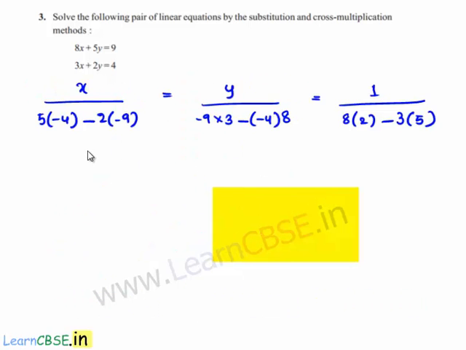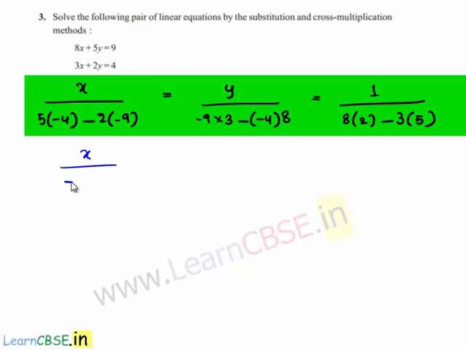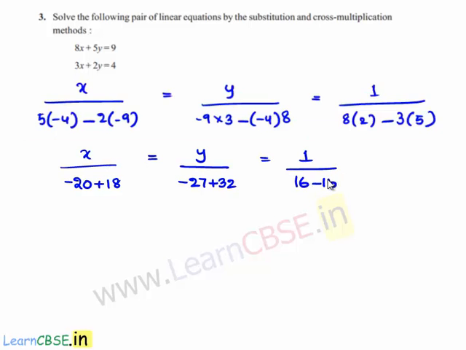Now we will be getting x divided by minus 20 plus 18 is equal to y divided by minus 27 plus 32 is equal to 1 divided by 16 minus 15.